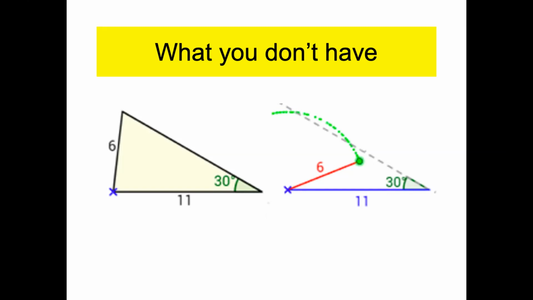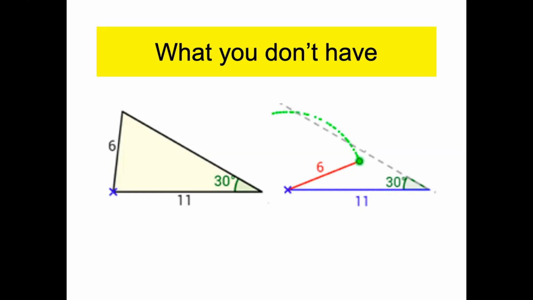It's a circle actually, not a parabola. But the problem is that it doesn't define a single triangle. This notation defines two different triangles. So even though we could make one like that, we also could make one that's not like that if we connect it here instead.